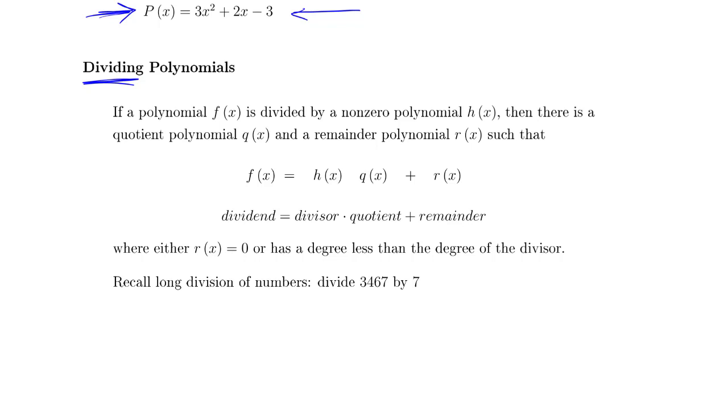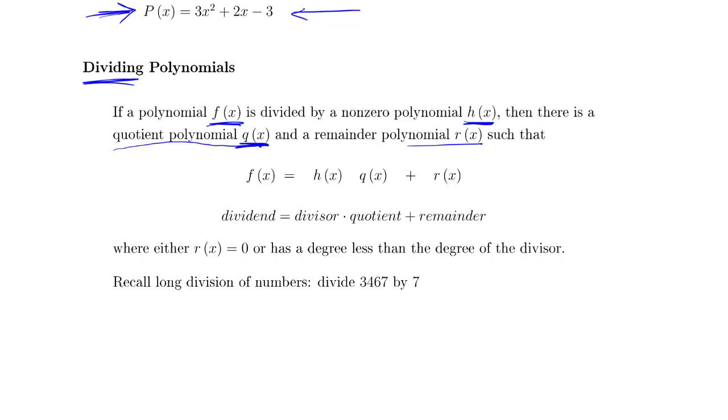So consider a polynomial f of x, and you're going to divide it by a polynomial h of x. When you divide, as with numbers, you get a quotient, but this time it's a polynomial q of x, and a remainder polynomial r of x.